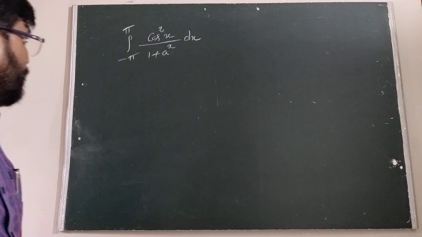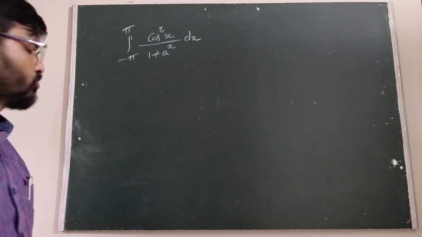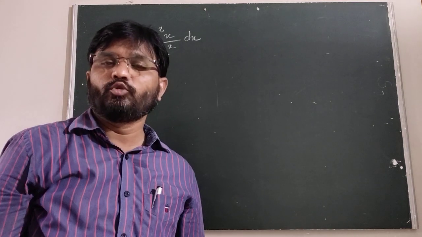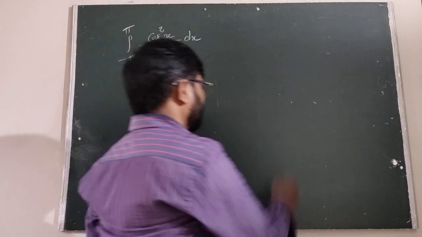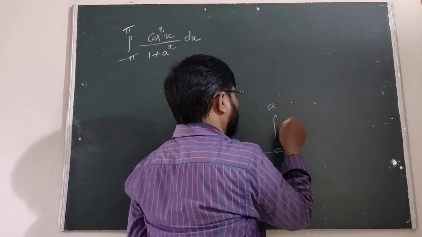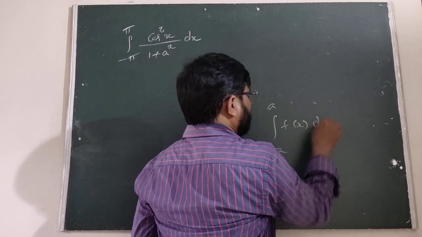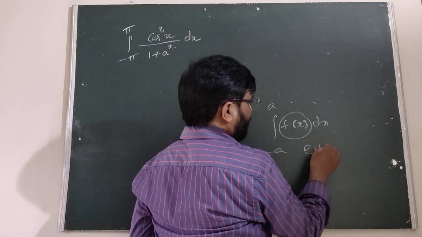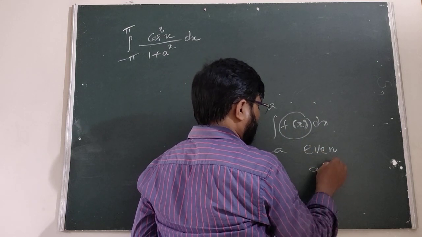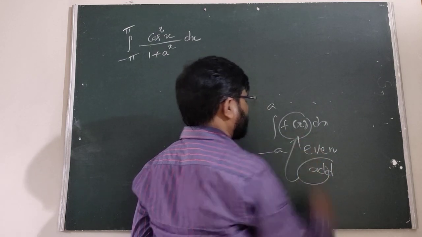Now evaluate the integral from minus pi to pi of cos square x upon 1 plus a power x. We have to know two properties here. The first one: when the limits are equal and opposite, we can verify whether the function f of x is even or odd. When it is odd, its value must be 0.